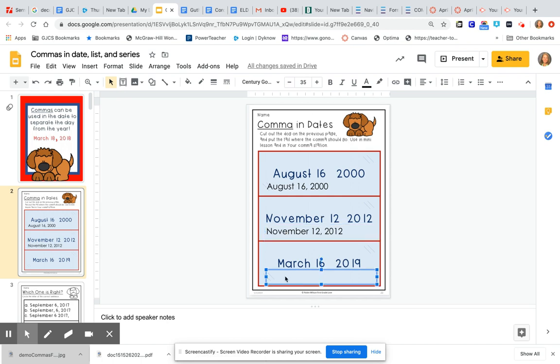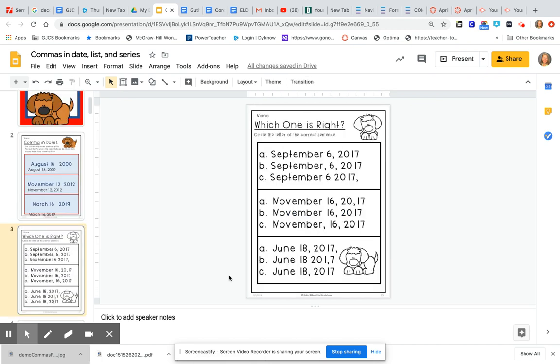If I have March 16th, 2019, again, I'm going to start with a capital M. Sorry, that's at the bottom for some reason. And then I'm going to have a space. I'm going to have 16, and then I'm going to put a comma after that 16 with a space, and then 2019.